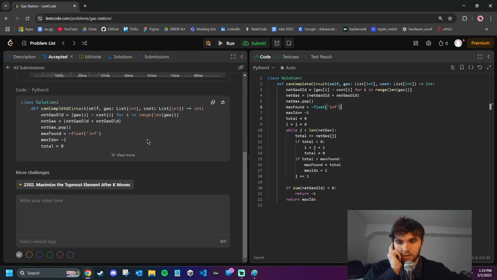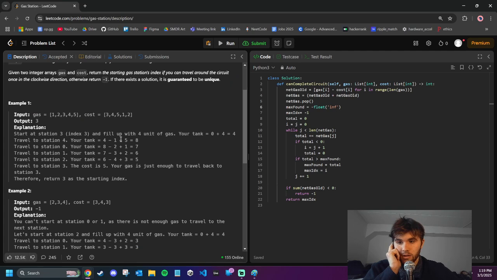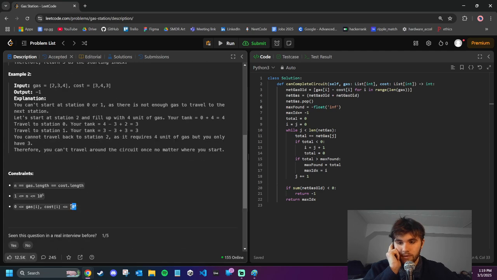What are the constraints of this problem? 10 to the 4. So instead of infinity, if I do that, negative. Oh, well. So this is tricky.